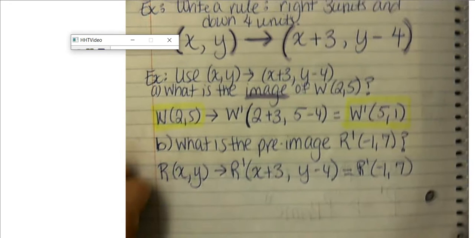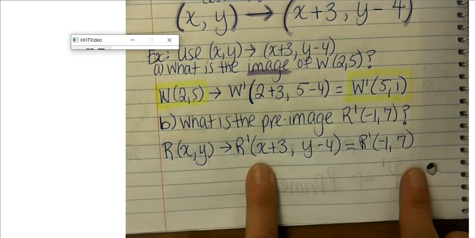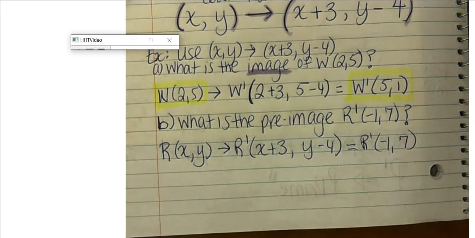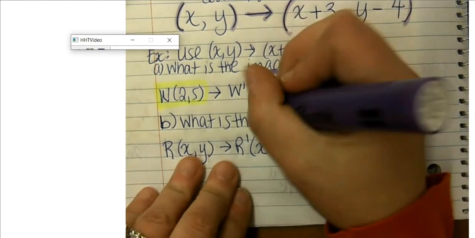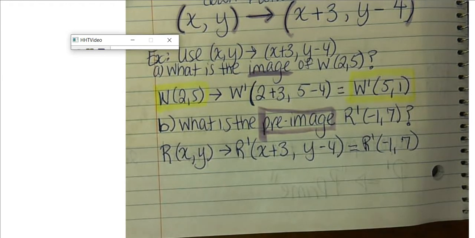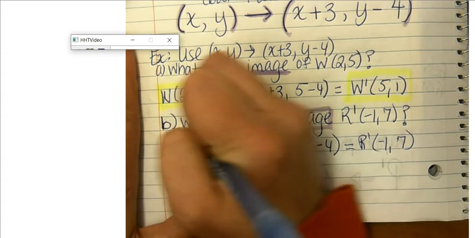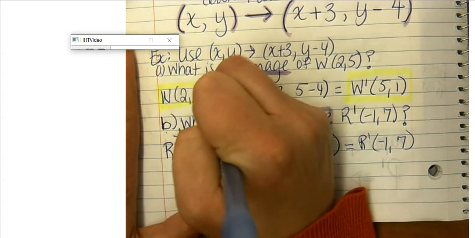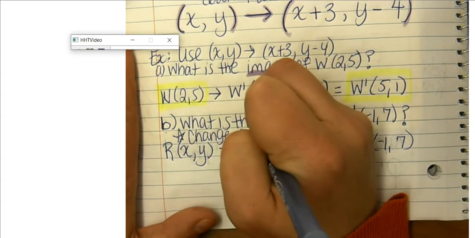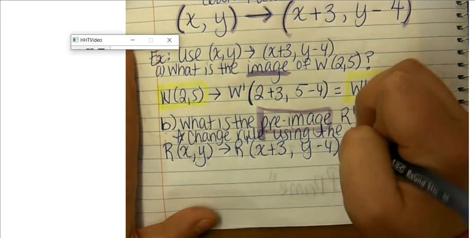That's what happened. So to go backwards, we're actually going to use the opposite of the rule. So whenever you are asked to find the pre-image and we want to go backwards, what you're going to do is you're going to change the rule using the opposite signs.